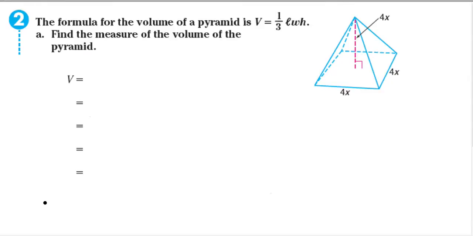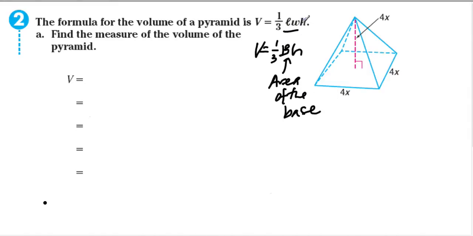Because the volume of a pyramid is equal to 1/3 times base times height, where capital B represents the area of the base. In our case, the area of the base is a square, and that's the reason why you have length times width. Since the length and width are the same, you can multiply 4x times 4x.